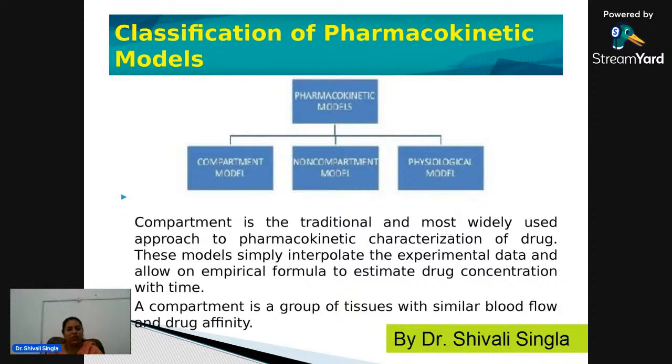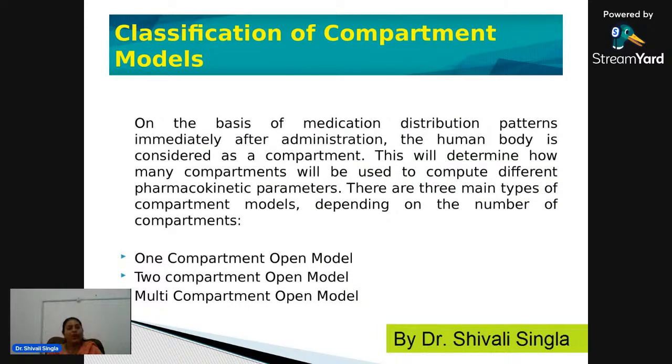So in compartment modeling, we assume the body as a single compartment, or two compartments, or three compartments, based on the profile and properties of the drug, and how it reacts and travels in our body. That is the basis for assuming compartments.